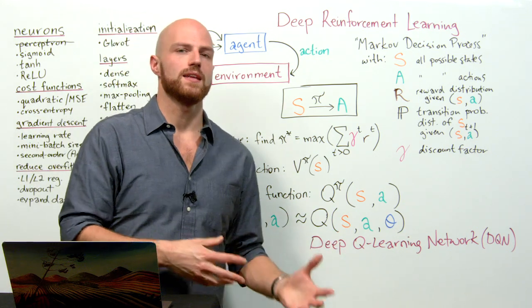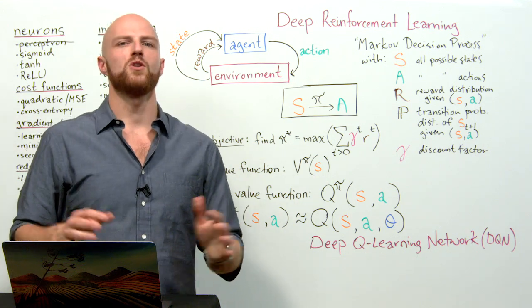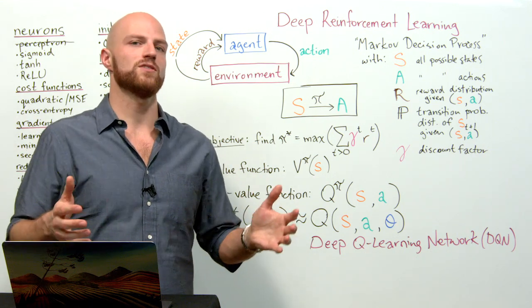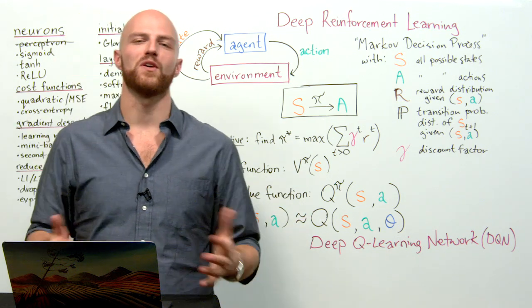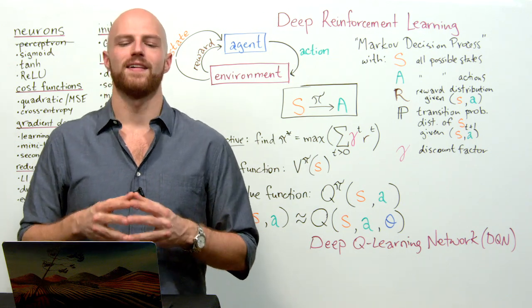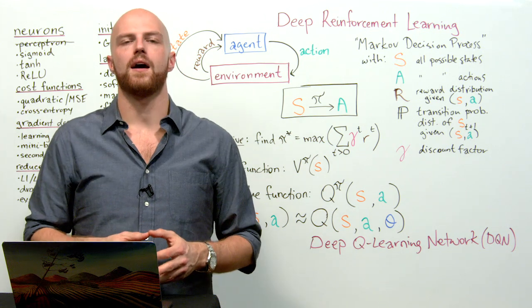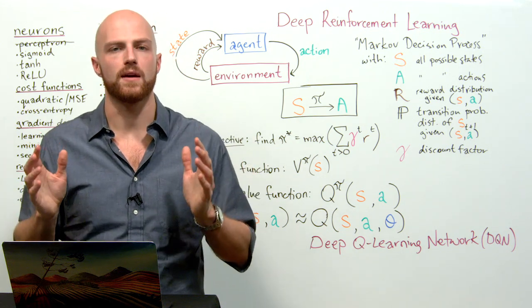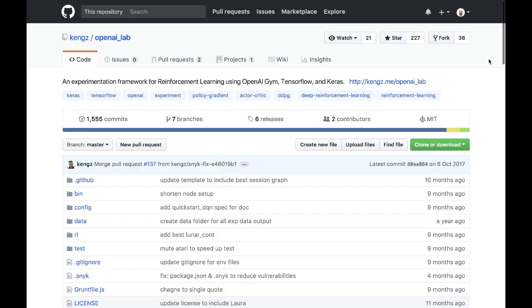But now that we have that in our toolkit, we might as well make our lives a lot easier. There's no point in hand coding agents all of the time when other people have already done the work. So one way that we can take advantage of pre-existing agents is a Python library called the OpenAI Lab.